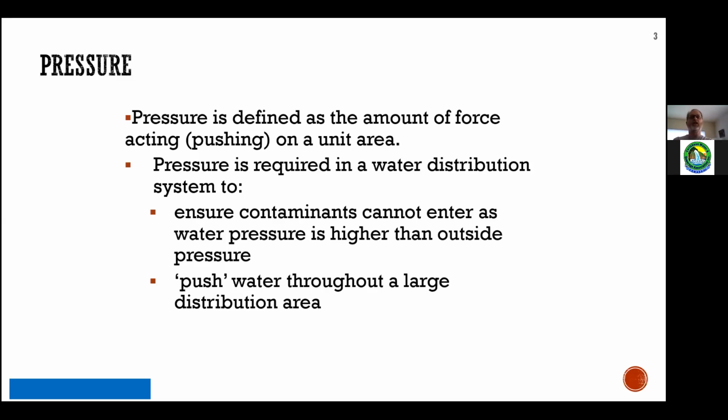However, it's still better to have positive pressure, as we call it, in the distribution system, in order to prevent contaminants from getting into the system. And of course, it's how we deliver it to all of the ends of the distribution system, whether it's commercial, residential, institutional, industrial. We need the pressure to deliver that water from source to tap.